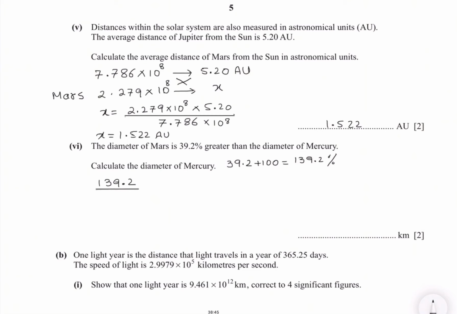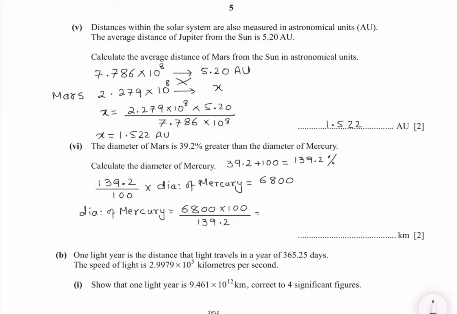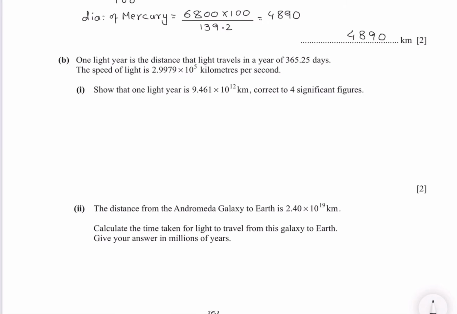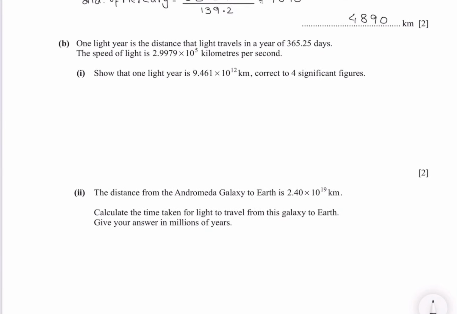So 139.2% into diameter of Mercury, and that is equal to 6800. So diameter of Mercury equals 6800 into 100 divided by 139.2. This gives you diameter of Mercury 4890.